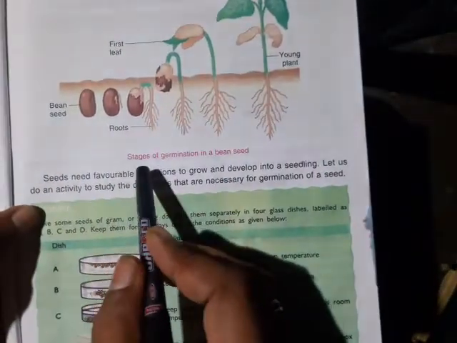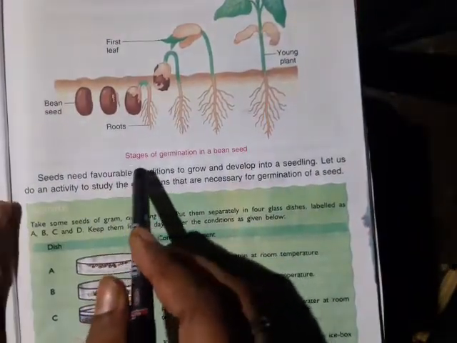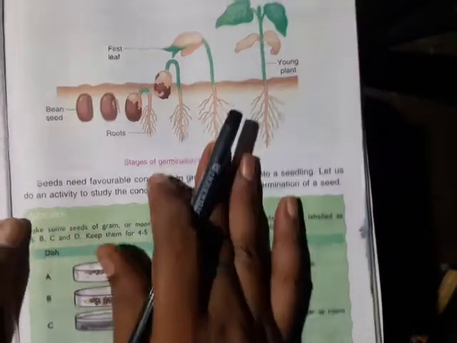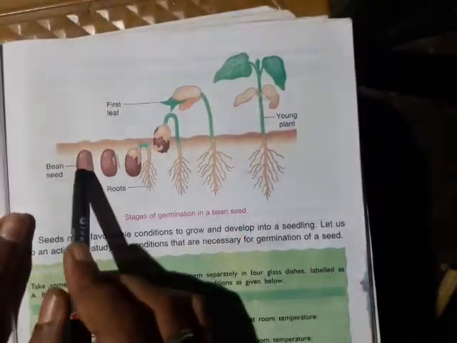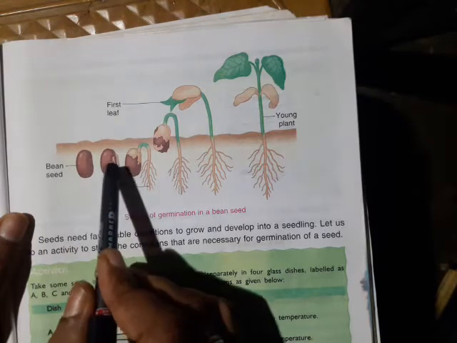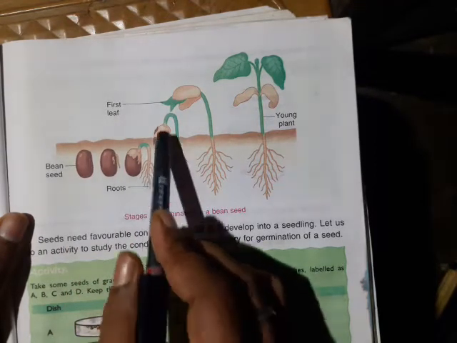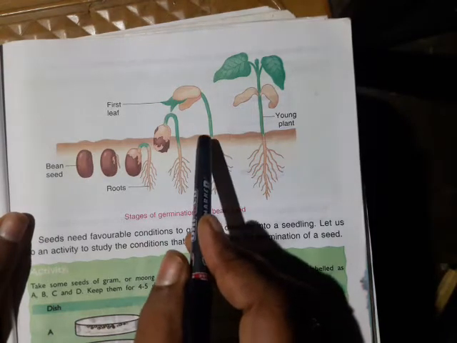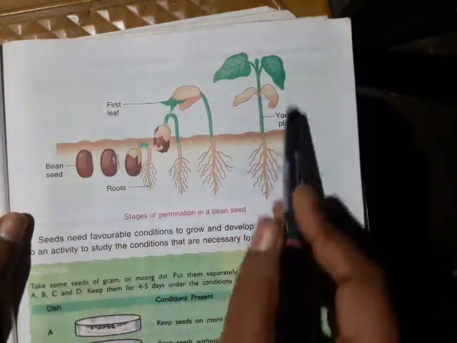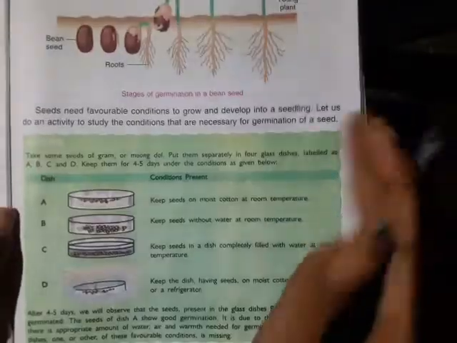Now I have given you to draw several times the stages of germination in a bean seed. Here the bean seed we are observing. Here you are seeing this thing and developing roots. After developing, you see the first leaf, the young plant. Okay. Now conditions.